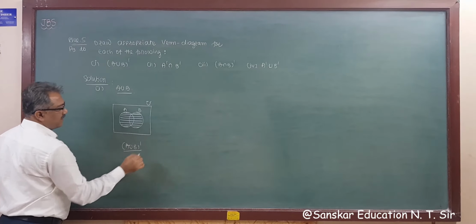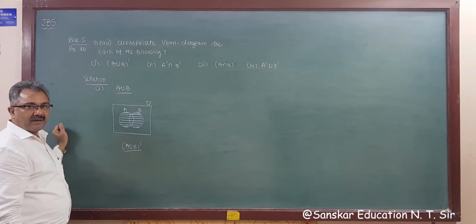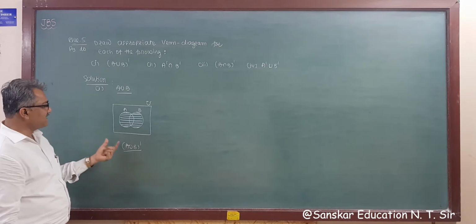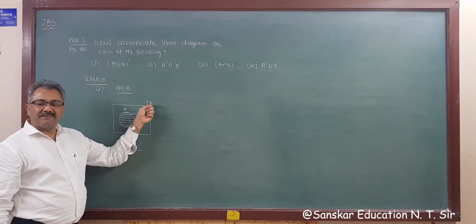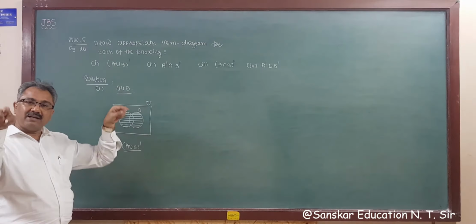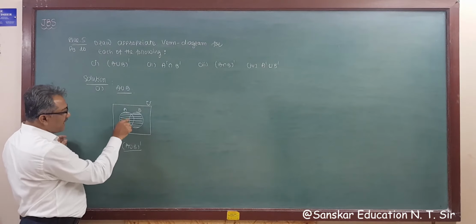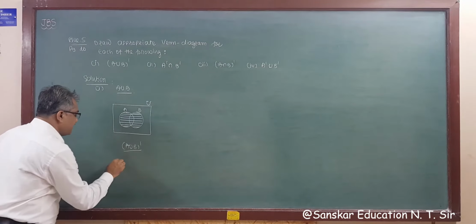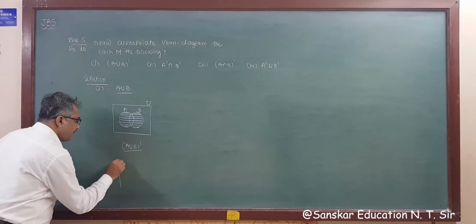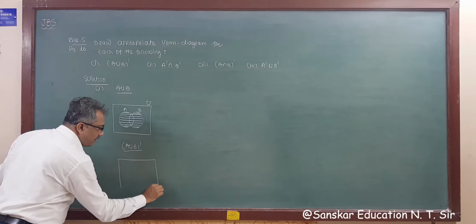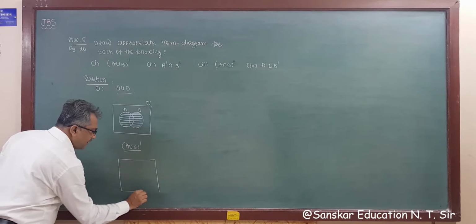We are drawing a figure for (A ∪ B)', which means the set of all elements of U which are not in A ∪ B, except these points. So we have to draw another Venn diagram.